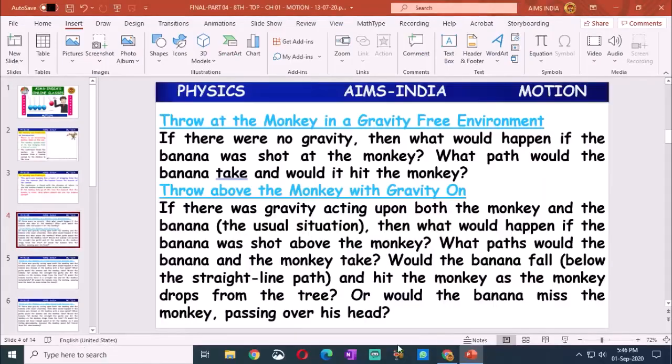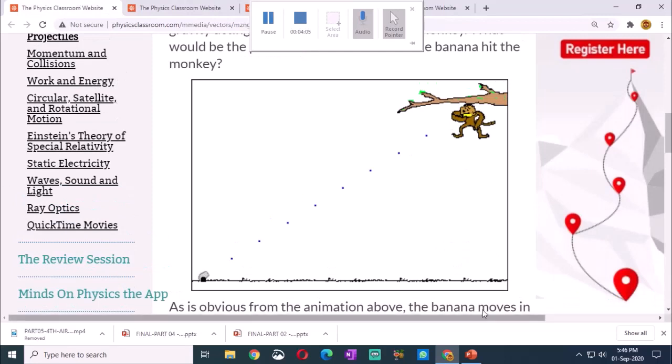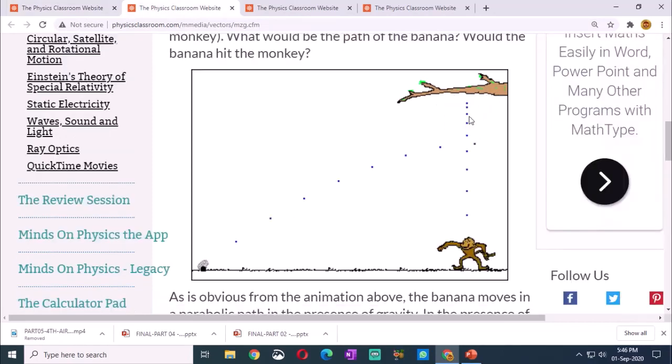So here, children, our first part is this one. If there is no gravity, and this banana cannon is shot directly at the monkey, it will go and hit the monkey.